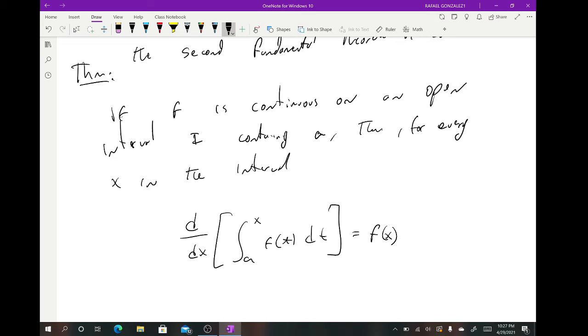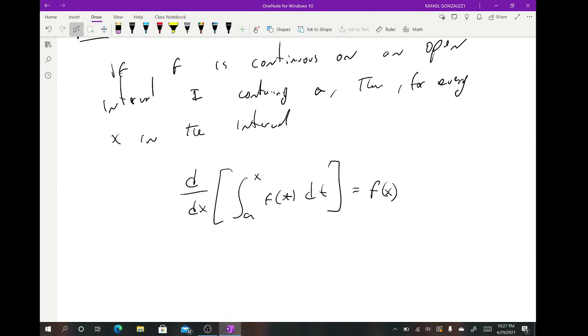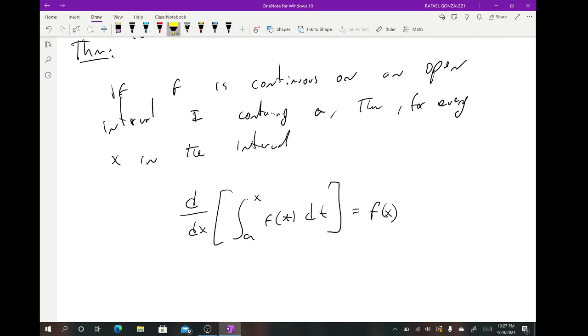Okay, so notice what happens here. The integral and the derivative signs cancel out, and you substitute the x into the function. Now, when does this not work? When f is not continuous on that interval, this doesn't work. So that's one of the cases when this does not work.